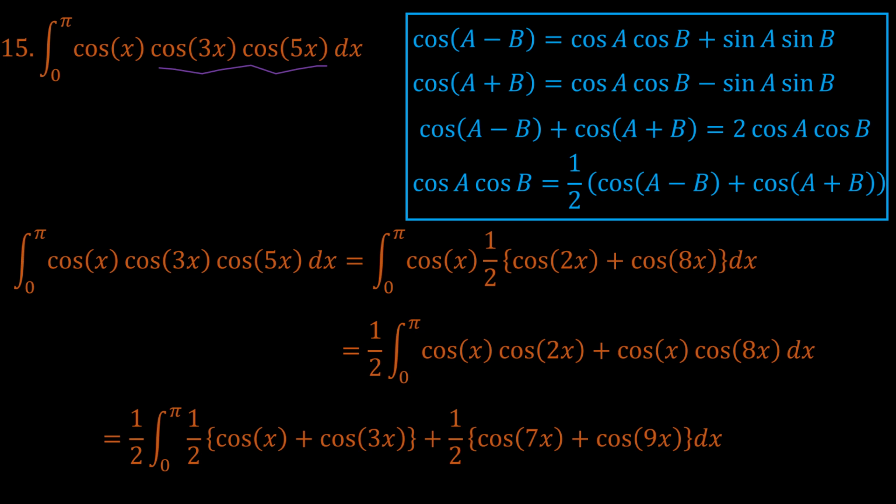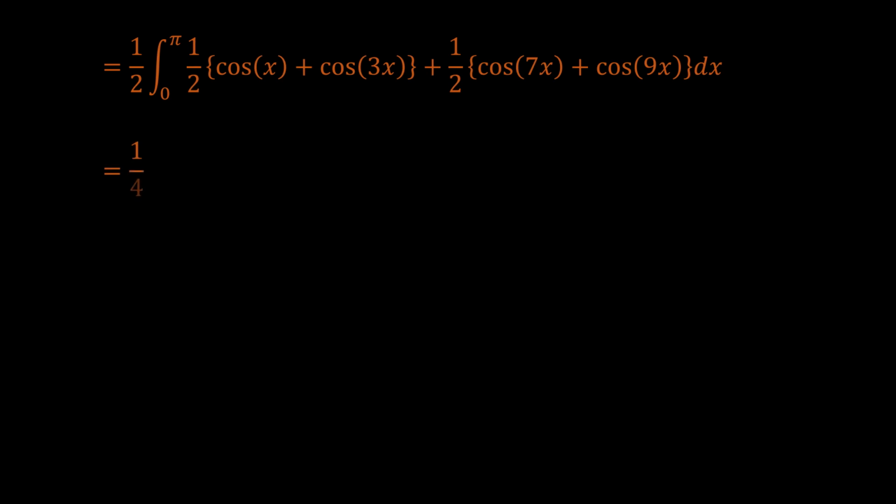Then we can pull out those two halves, so that we have a quarter of the integral from 0 to pi of cosine x plus cosine 3x plus cosine 7x plus cosine 9x.